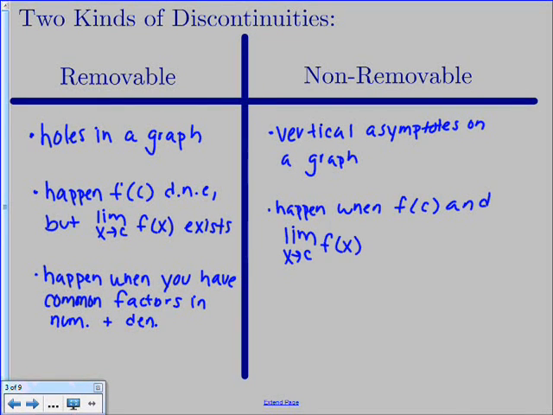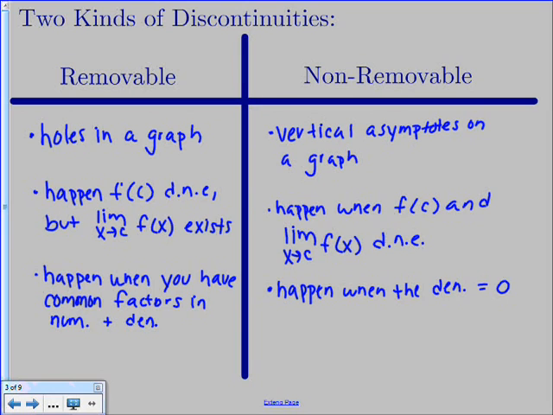So when both of those things happen, you have a non-removable discontinuity. And you can see these when you're working with a function. These happen when the denominator is equal to 0, and there's nothing to cancel with it in the top. So again, we use our abbreviation: den equals 0.